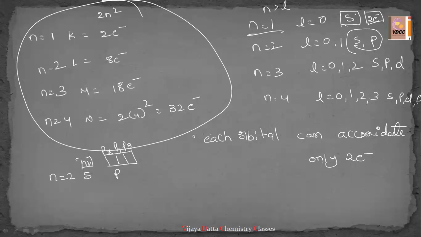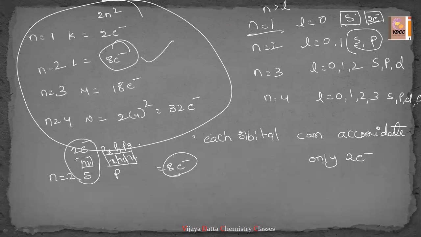Each orbital is accommodated with 2 electrons, filled according to Hund's rule. So in p there are 6 electrons and in s 2 electrons. So for n equals 2, it has 8 electrons, as given by the 2n square formula. Of those 8 electrons, 2 are present in the s orbital and the remaining 6 in the p orbital. That is the information given by the azimuthal quantum number.